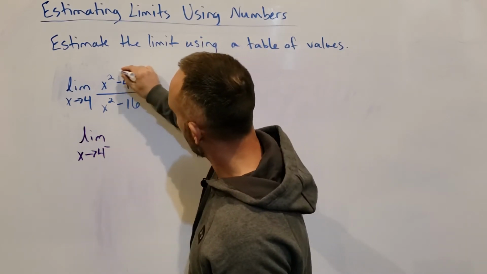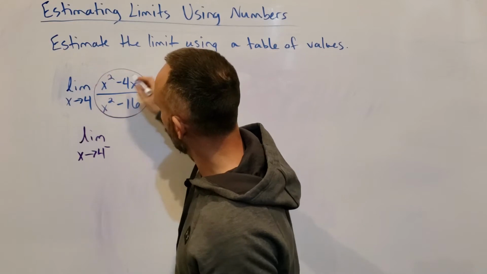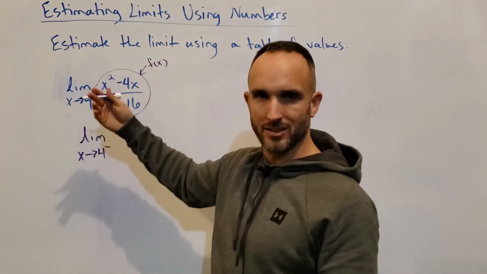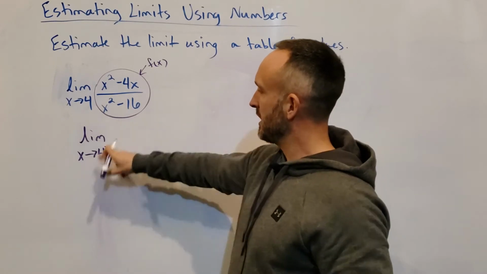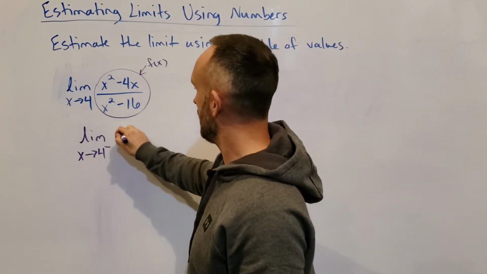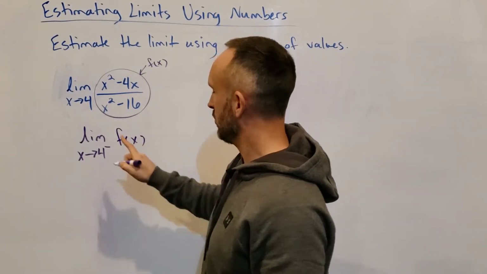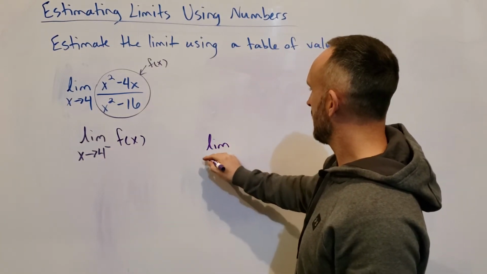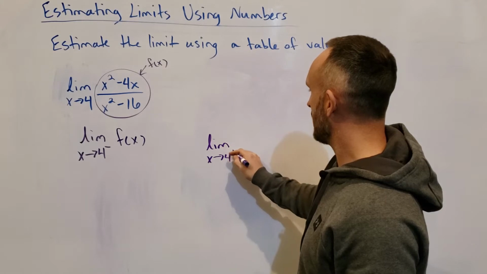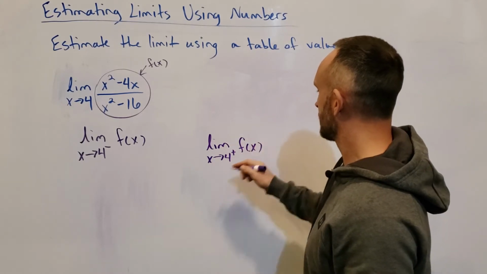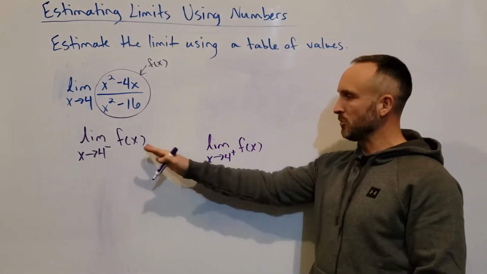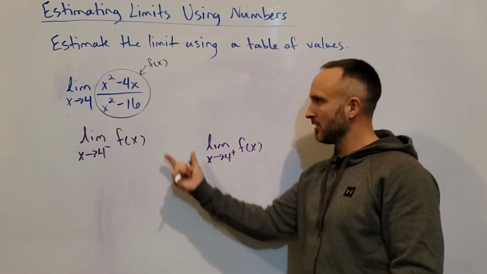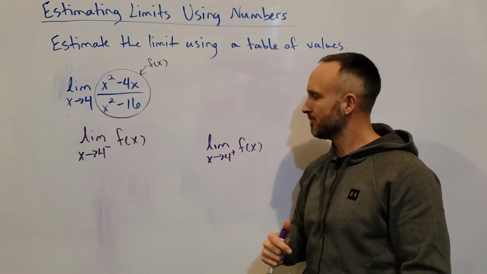And let's give this function a name, let's call it f of x, so you don't have to keep rewriting the fraction. So we'll look at the limit as x approaches 4 from the left of f of x, and we'll also look at the limit as x approaches 4 from the right of f of x. And we'll see what we get. And if they're the same value, then we can conclude what the two-sided limit is, okay?